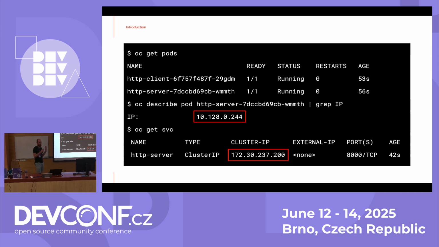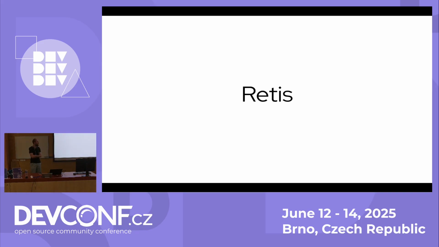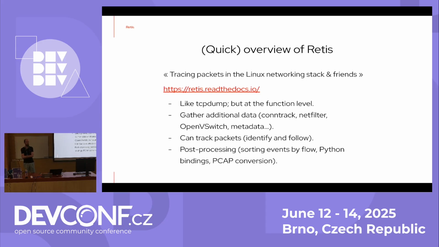So that's what we will be doing, but then we need to look at what's happening inside the system. To do this, we'll use a tool called Retis. It's a kind of new tool that was released not so long ago. It is still under development, but it's working fine already.